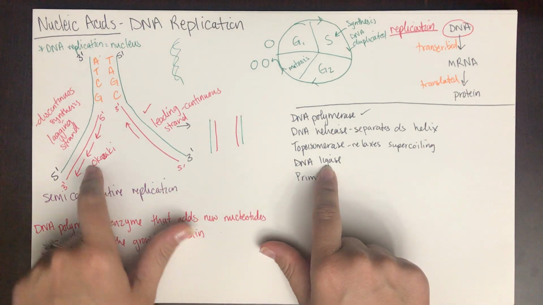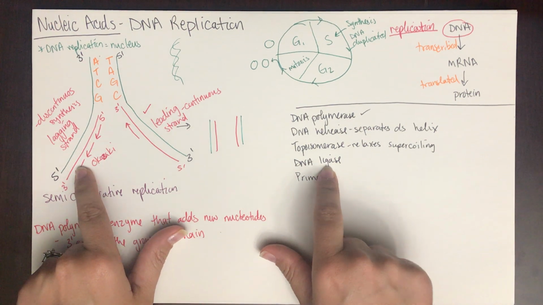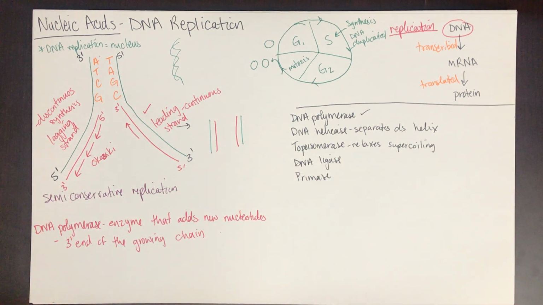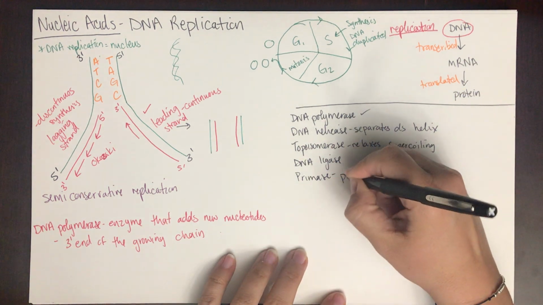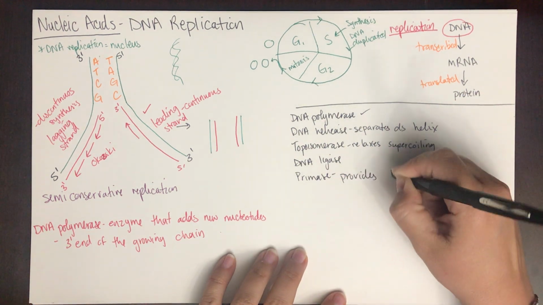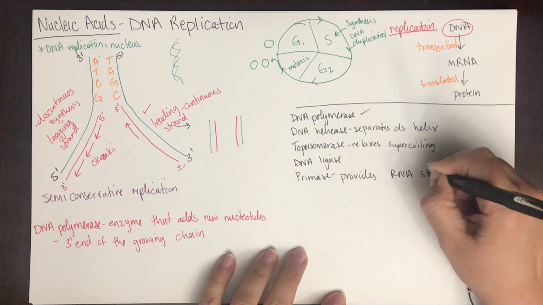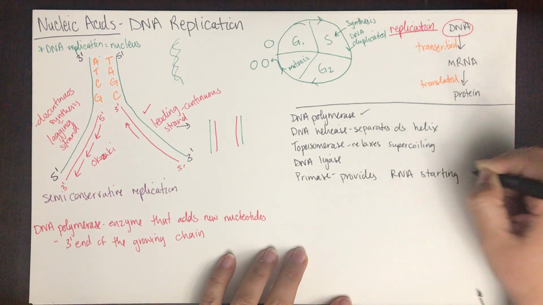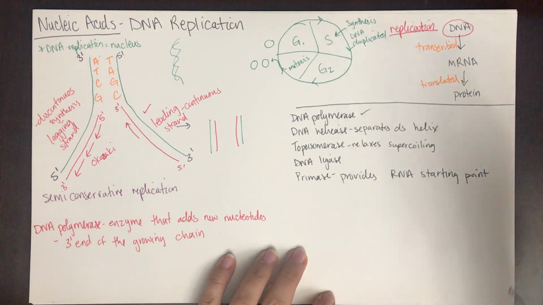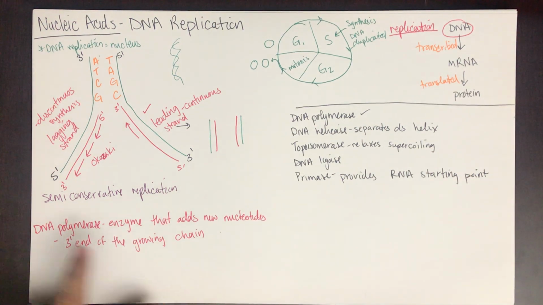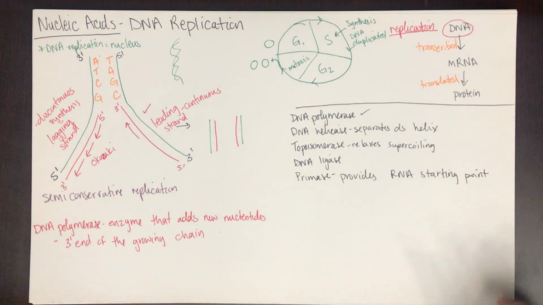Ligase is reannealing these Okazaki fragments. And then primase provides a starting point of RNA for DNA polymerase. So another odd thing is that DNA polymerase cannot initiate DNA replication.